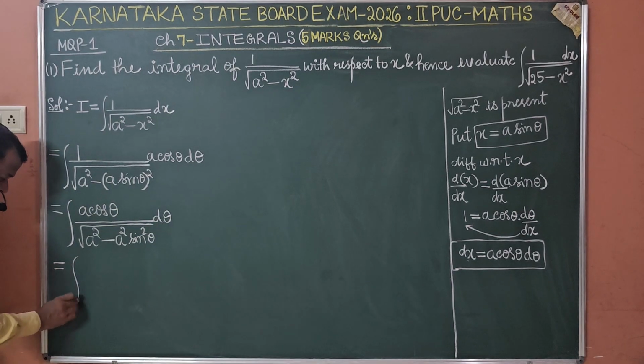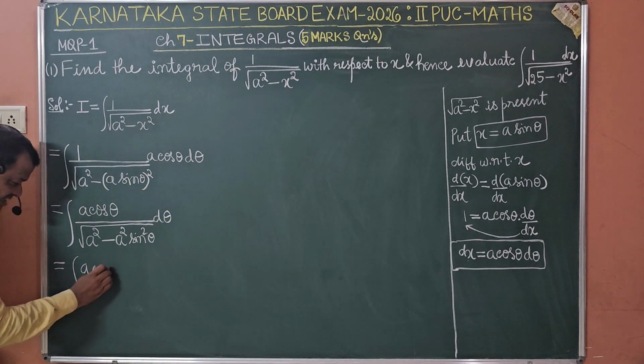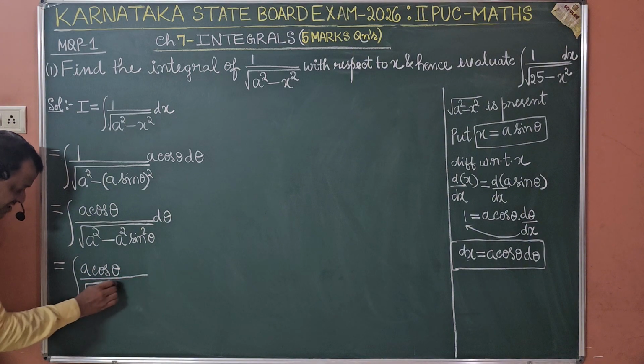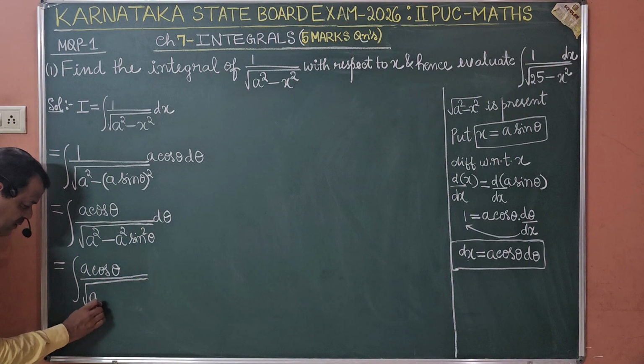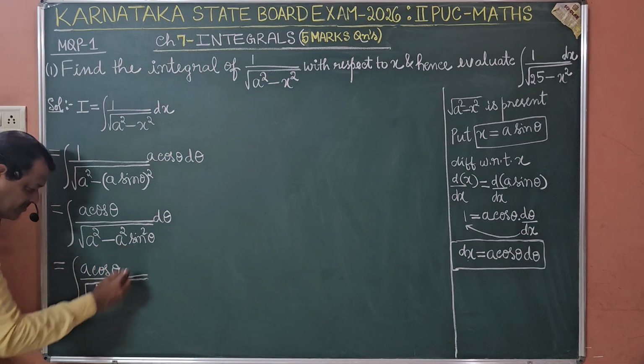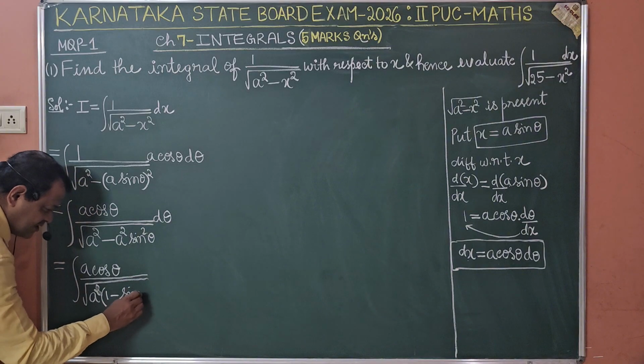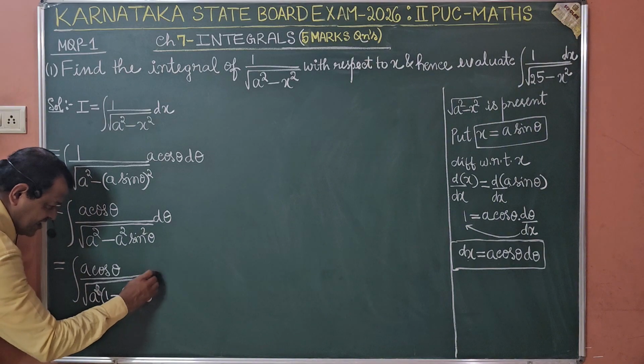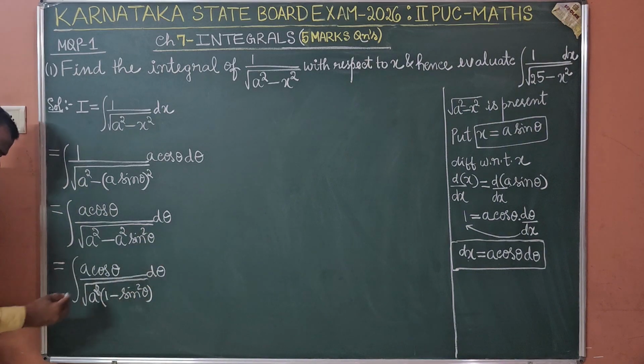The numerator is as it is. Inside the square root in the denominator, take a square common: from the first term 1 remaining, from the second term minus sine square theta, d theta in the numerator.